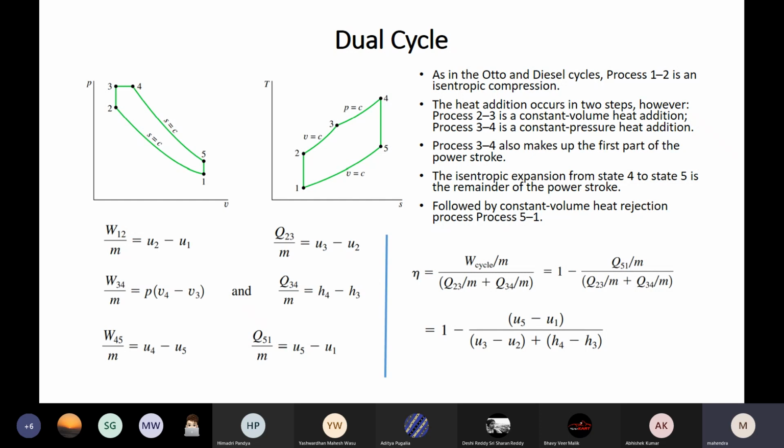The rest of the topics are applying the second law of thermodynamics to the control volume, and some gas-phase equations we will be solving by psychrometry. These two topics are remaining. So we have 8 more classes, and I hope we can cover them very well.